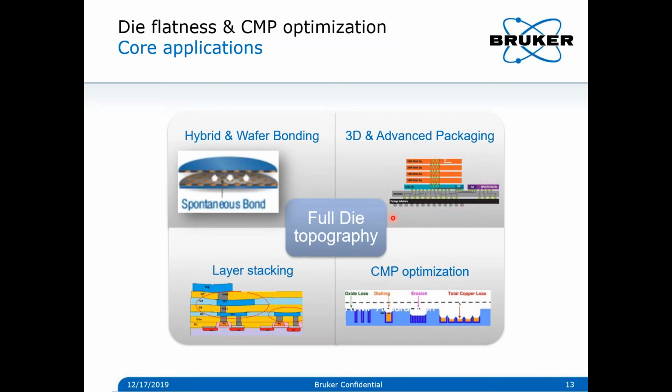The last application concerns really the 3D and advanced packaging in integrated circuits. In that case, especially for mobile phones, you get a more and more complex stacking with a high density interconnect, shorter interconnect in terms of height. So all that works if you assume that the die is flat.